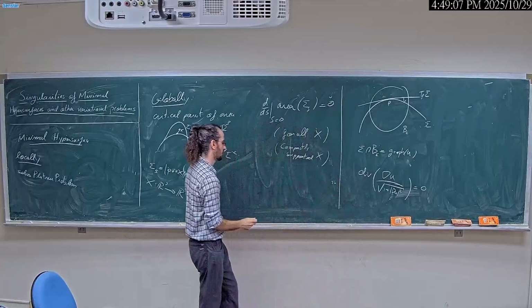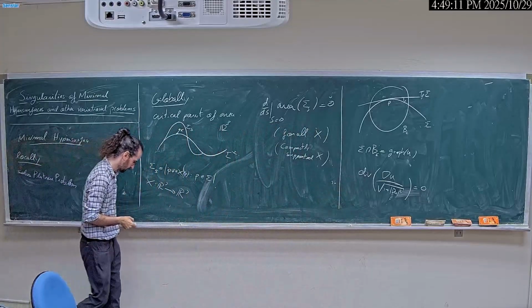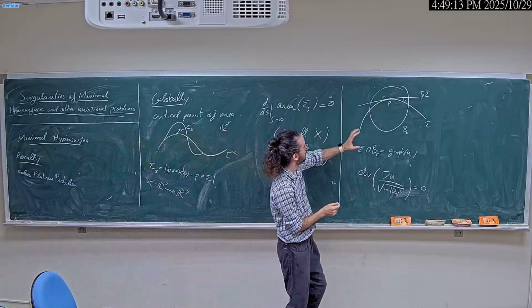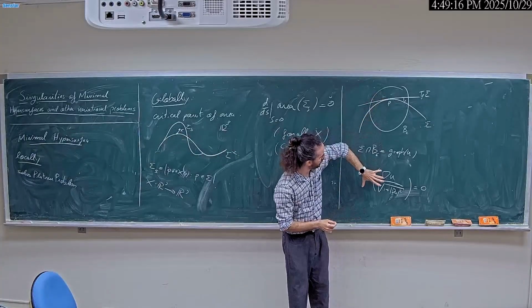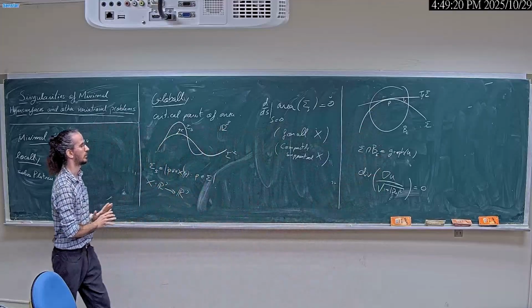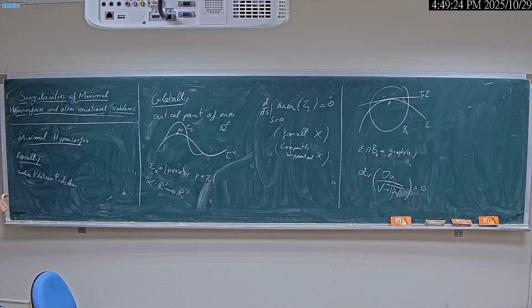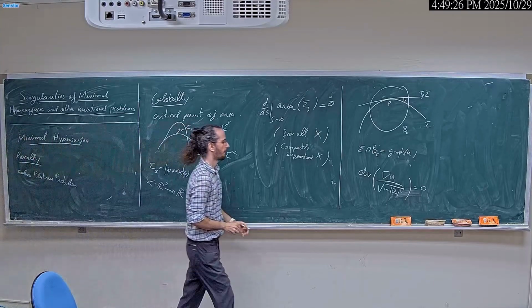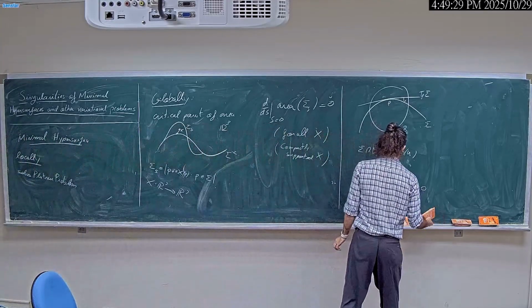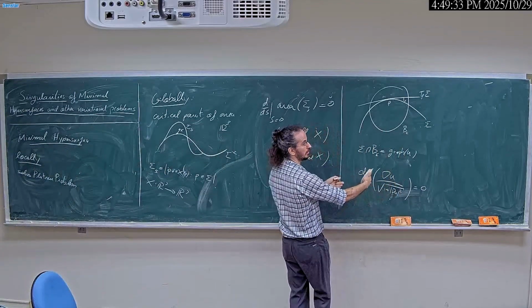This is called the minimal surface equation, or the graphical minimal surface equation. So locally, every minimal surface solves this equation, as long as they're smooth, or at least say C2, so you can differentiate things twice. Or even if they're not C2, you can say they solve this PDE in a weak sense.